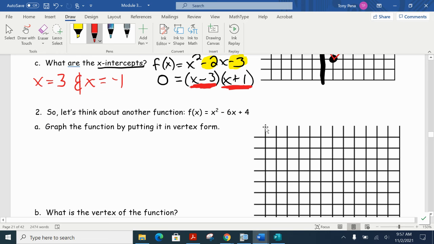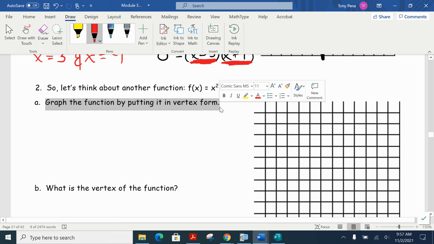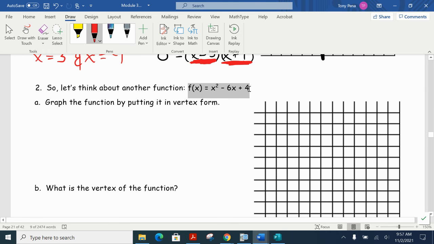So now let's go to number 2. Do this for me. Go ahead and put it into vertex form. So make sure we know how to do that now. We reviewed it here a minute ago. So put this thing here into vertex form. See if we can now do that on our own real quick.